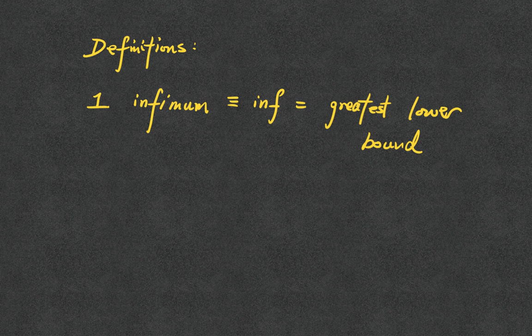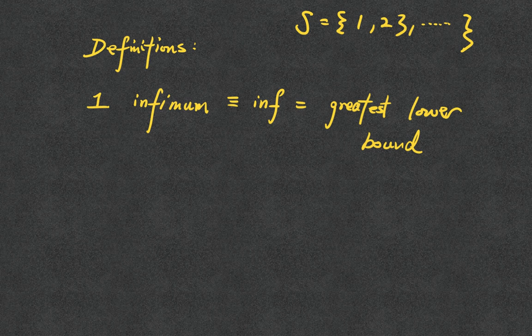Does that make sense? Let's say I have a set with 1, 2, 3, and so on. What is the greatest lower bound? The elements are non-zero integers. Is 0 at the boundary? You can argue that 0 is next to the boundary, but it's not part of the set, right?